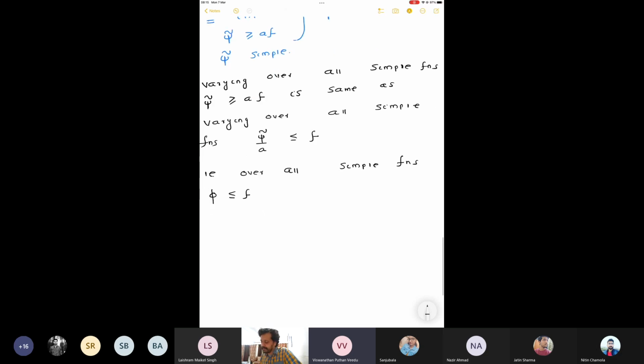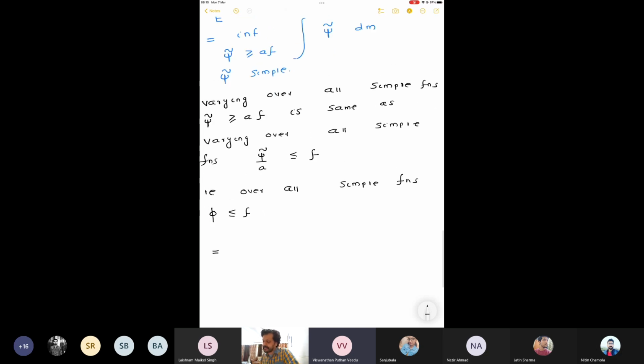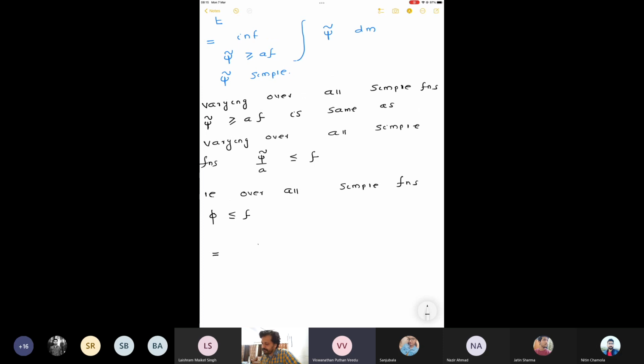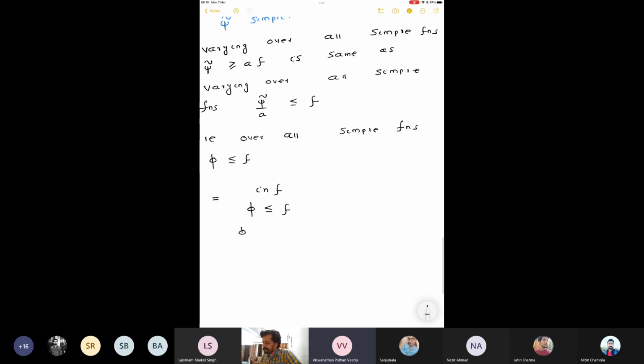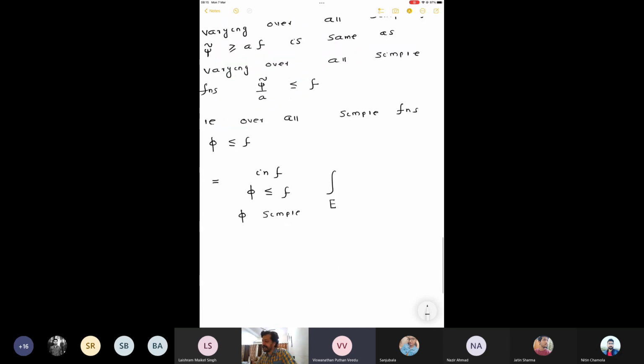So I can write the infimum that we are interested in as equal to the infimum over all phi less than or equal to f, phi simple, of the integral over E of a phi dm.